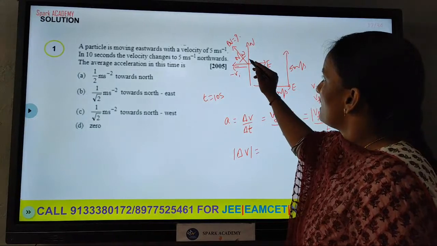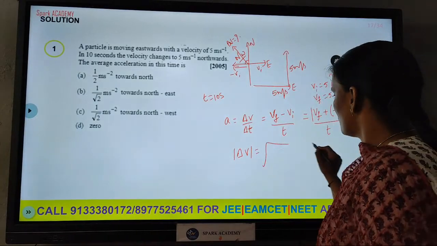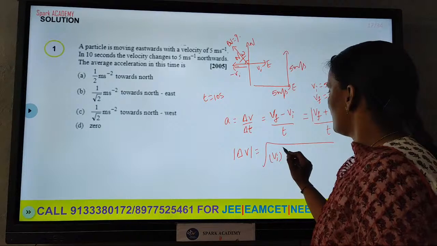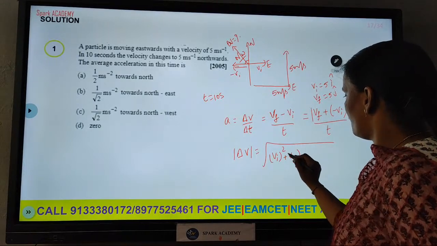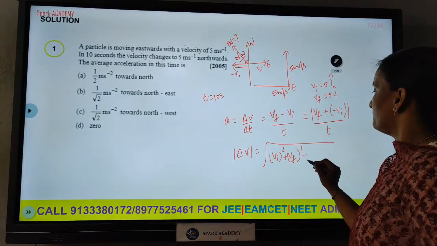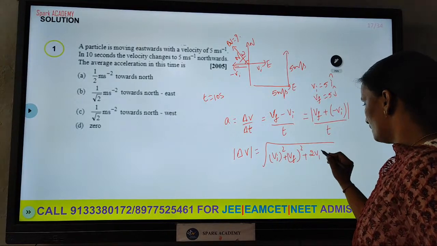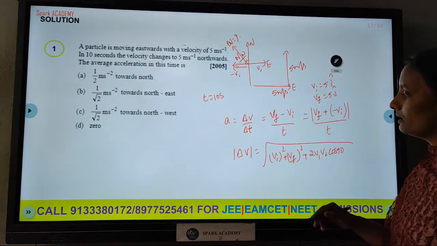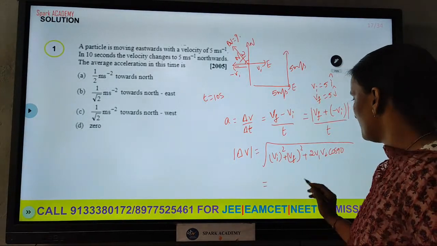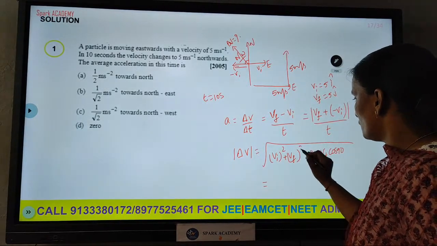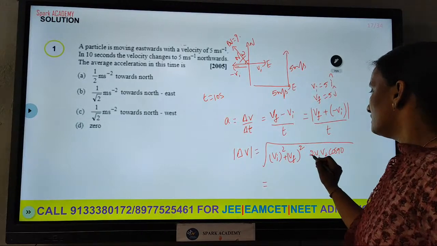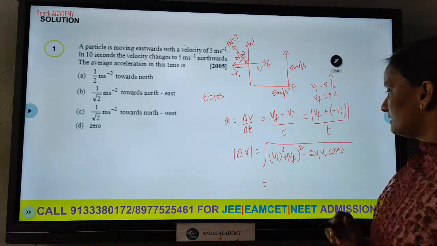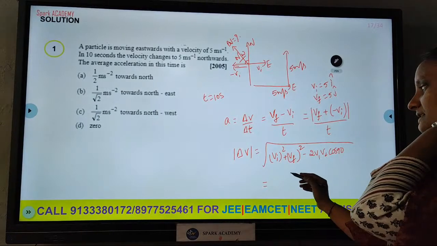So these two are perpendicular to each other. So under root vi whole square plus vf whole square plus 2 v1 v2 cos 90. Here we get minus by following the subtraction of this factor, so we can write it as minus. Anyway cos 90 is 0.